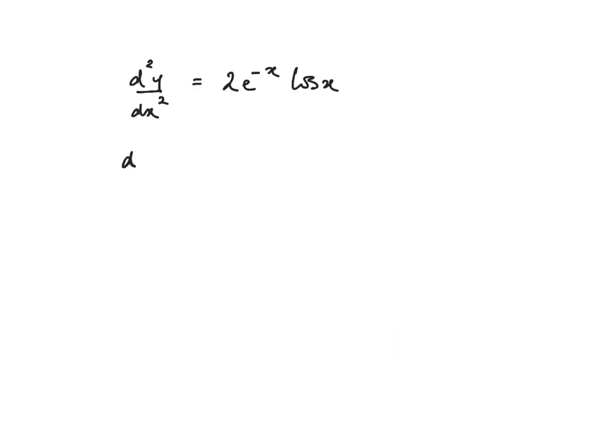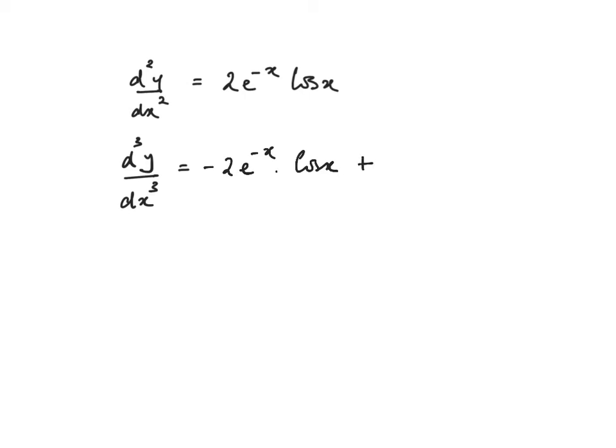So d3y by dx cubed. So we're differentiating, simplifying, differentiating, simplifying. It's a reasonably straightforward process. So here is u and here is v. If I differentiate the first, I get minus 2 e to the minus x times cos of x.